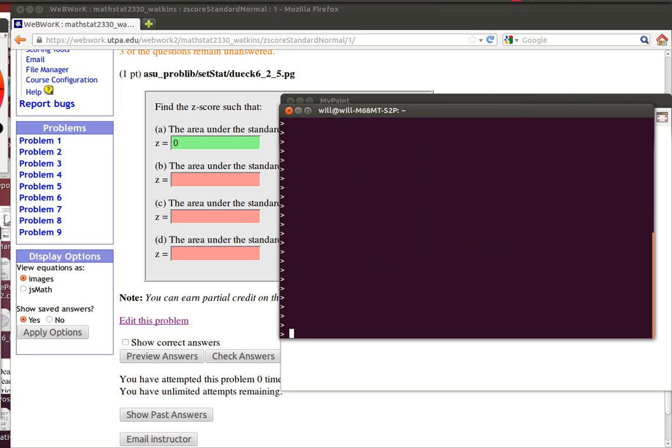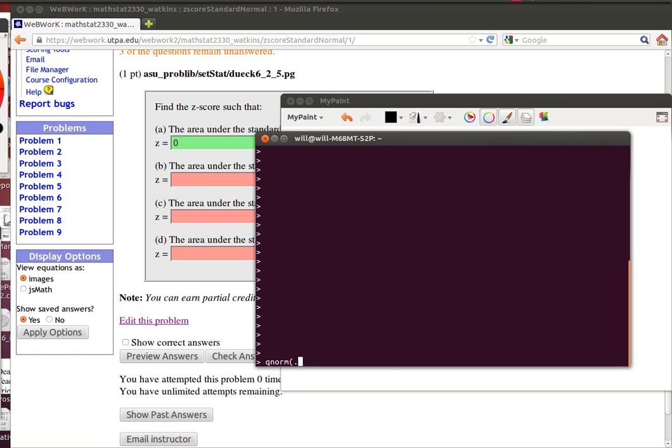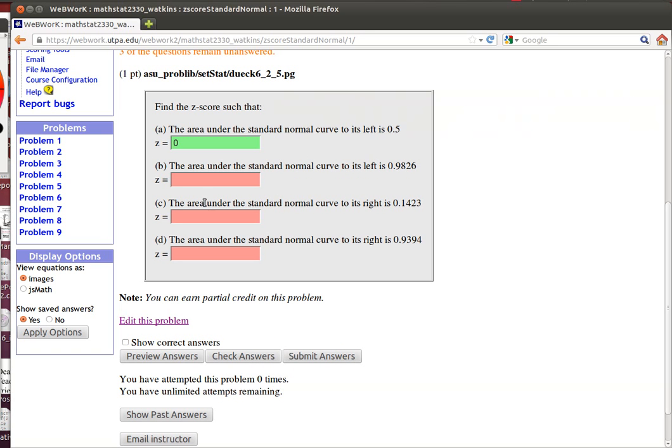Let me just clean some of this other stuff out. We're looking at the quartile of a normal function, so the qnorm function is what we're looking for. I forgot that number. It's 0.9826. Let me get back to here.